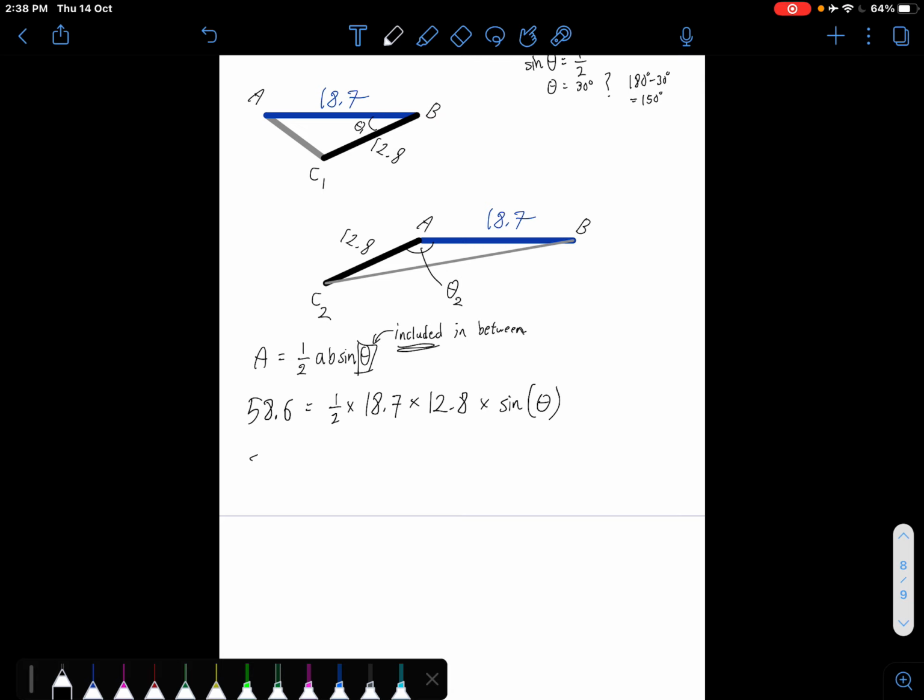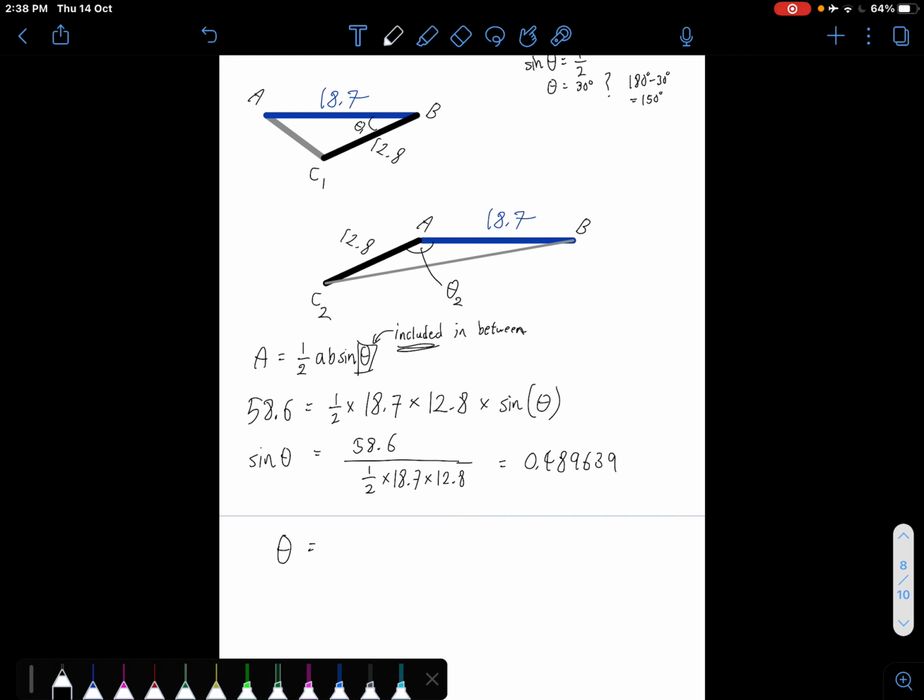So we'll just make sine theta the subject. 58.6, you can divide by half times 18.7 times 12.8. Type it in the calculator, and be careful of the half in the denominator. And you will obtain 0.489639.